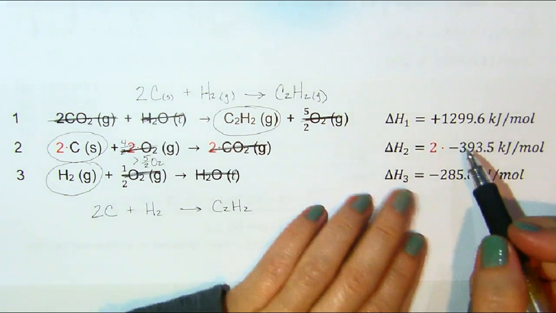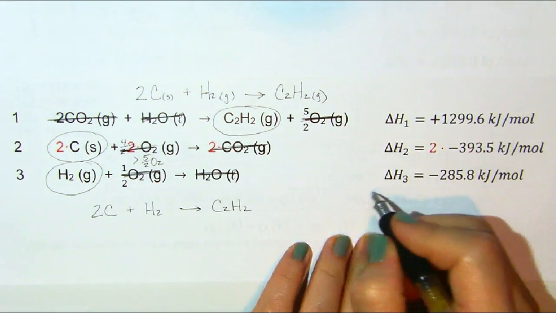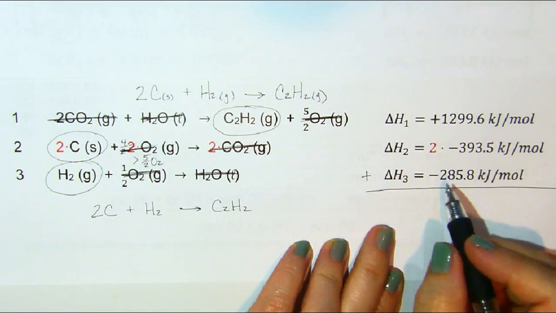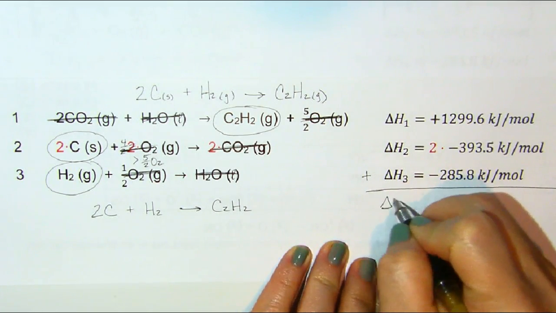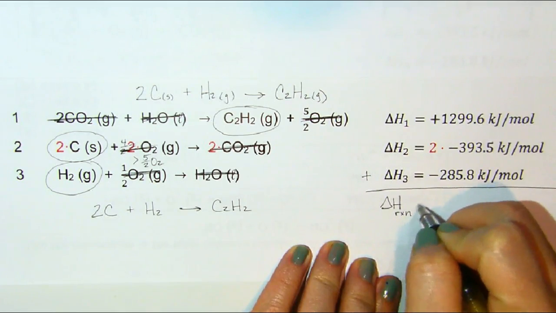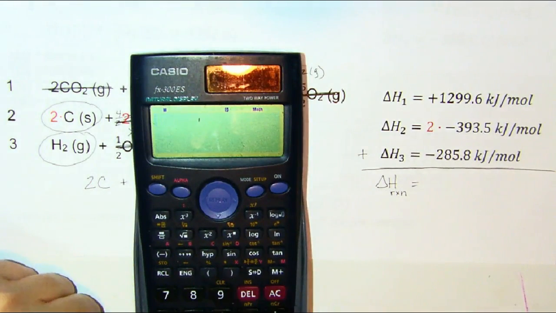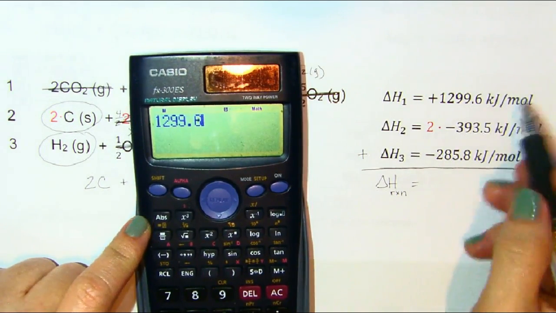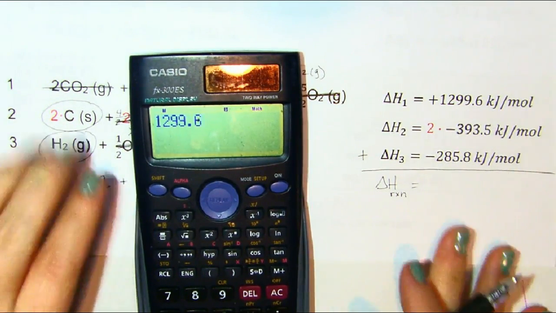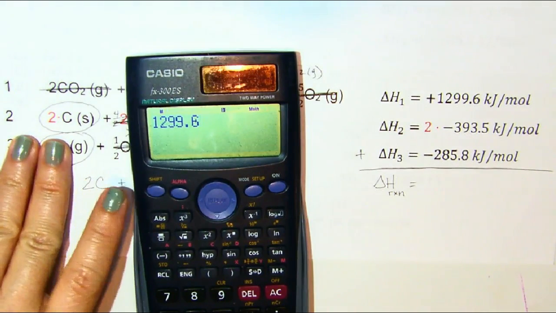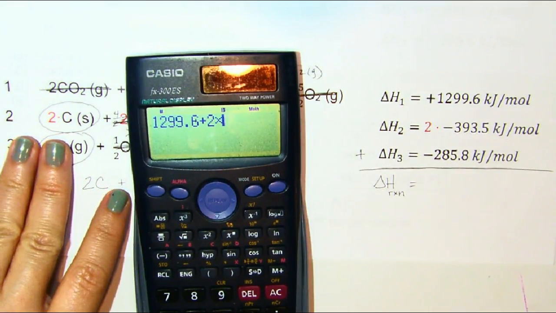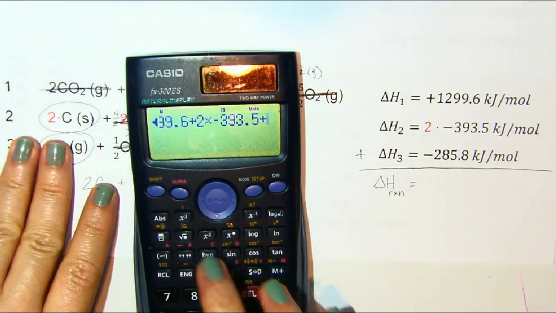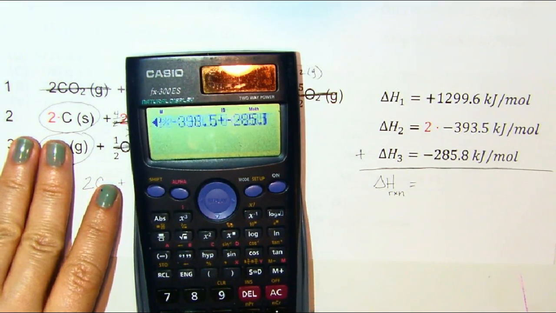Now I can take these values and I'm going to combine them or take the sum of them, and that's going to give me the delta H for this reaction. So we'll have positive 1,299.6, notice they're all in kilojoules, make sure our units are consistent, plus 2 times negative 393.5 plus negative 285.8.